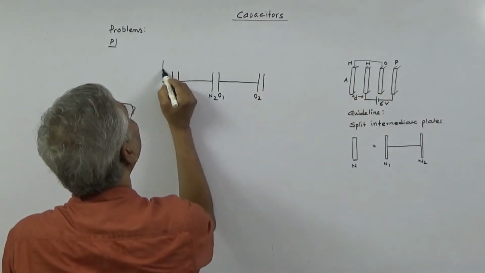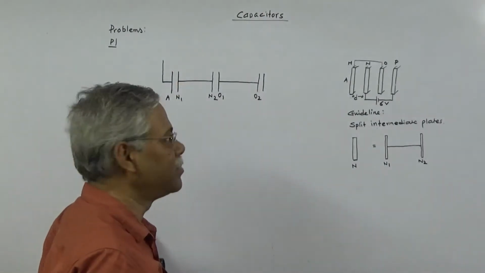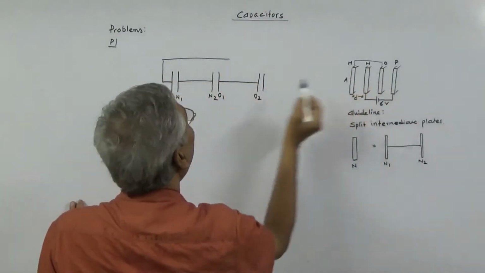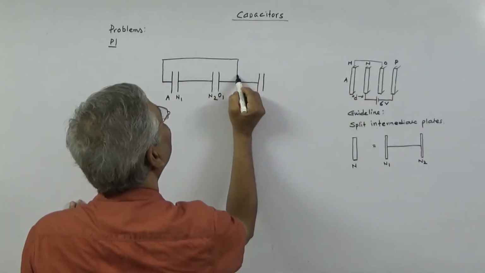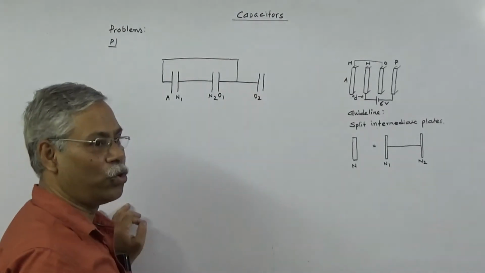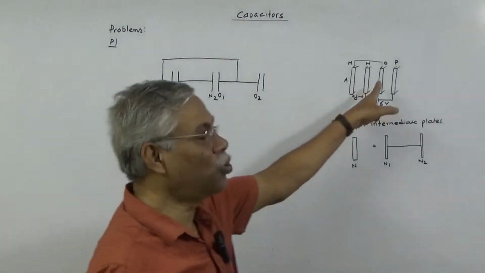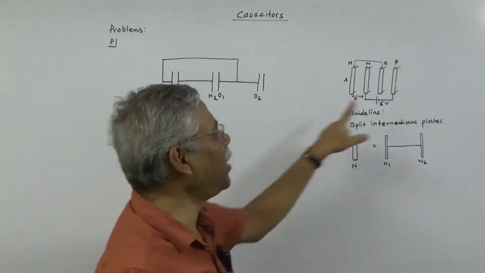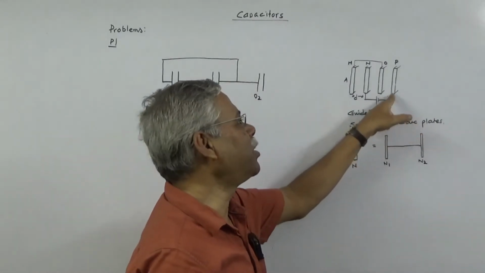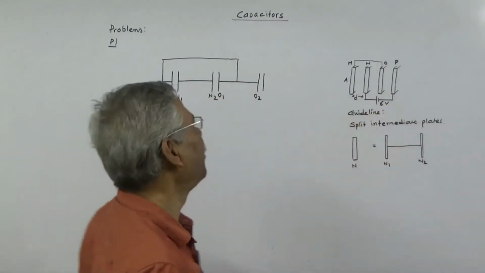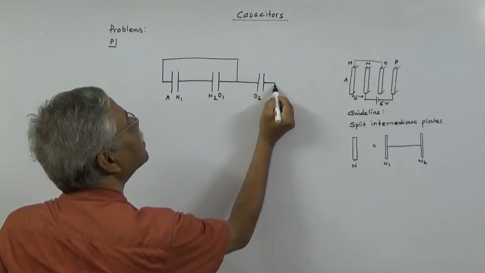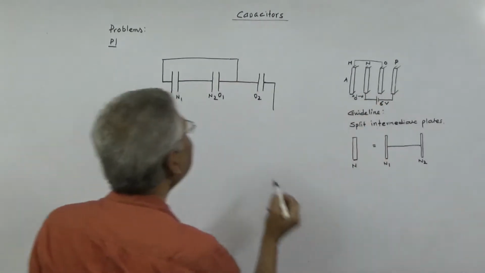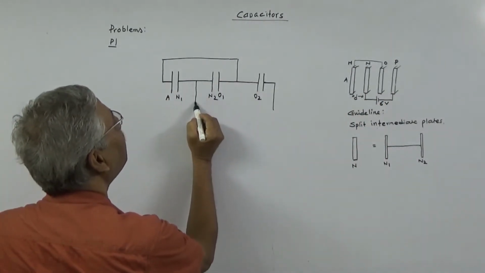Then this has gone to O, that means to the middle of O1 and O2. And the same will apply to this. The battery connection is given to this point. I will take this from the side. Then this has gone to N, that means to N1 and N2.